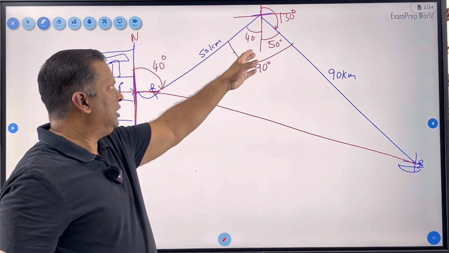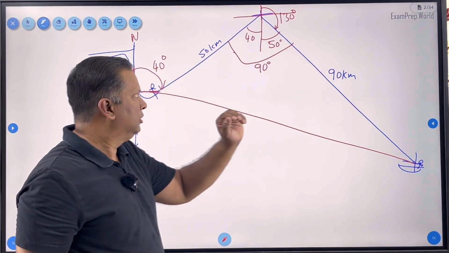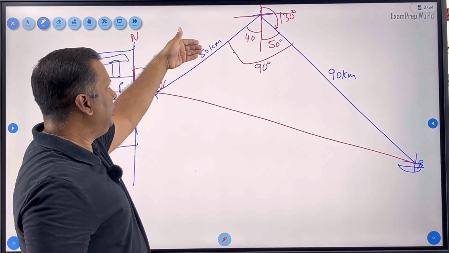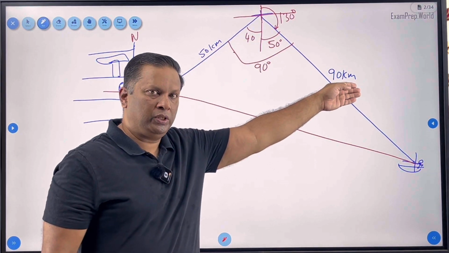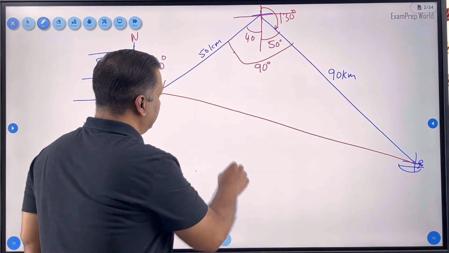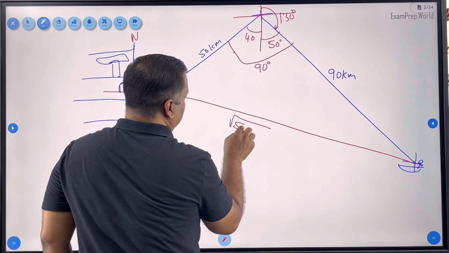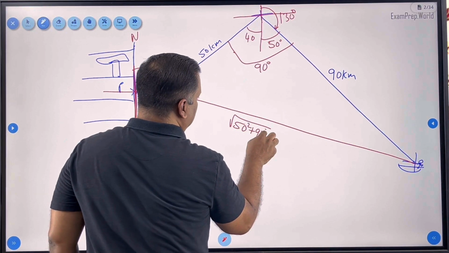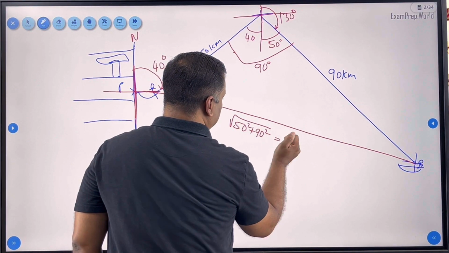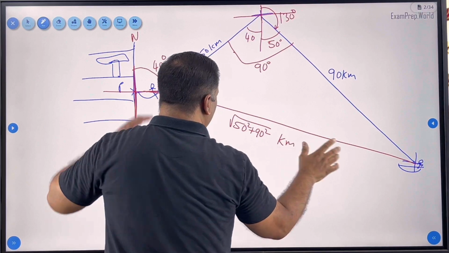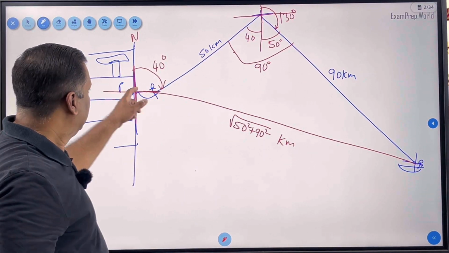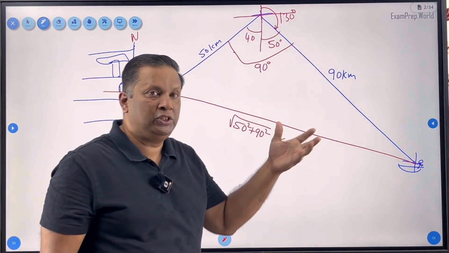So since it is 90 degrees, it is a right angle triangle and your distance will be square root of 50 square plus 90 square using Pythagoras theorem. 50 square plus 90 square kilometers, right? So now you know the distance, but which direction it has to go.